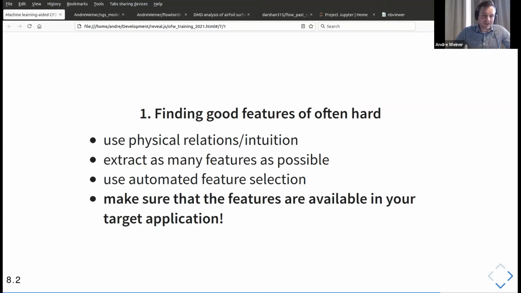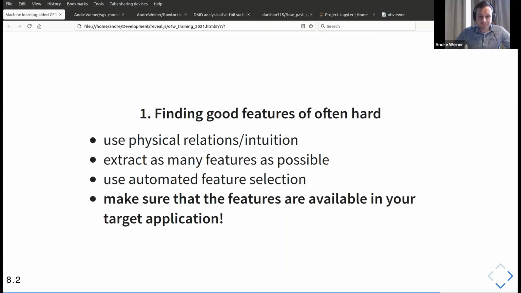Instead of deciding for a certain feature, you should extract as many features as possible, and then use some automated feature selection tool to pick the most important ones. For example, if you use ensemble learners, they have some kind of metric to give features a value. You can also use something like sequential forward or backward selection, just to give you some examples.